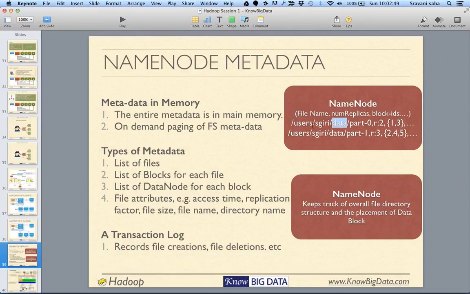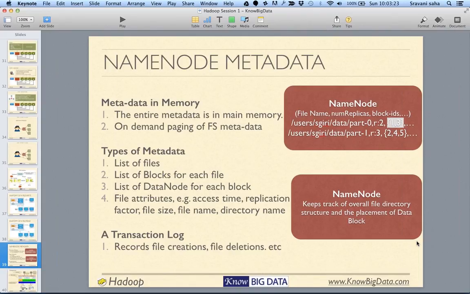Here it shows that a file is split into multiple parts. Part 0 is stored here, and it also contains the metadata as to how many replicas have been created for this part 0 and what are the locations of blocks. Okay.